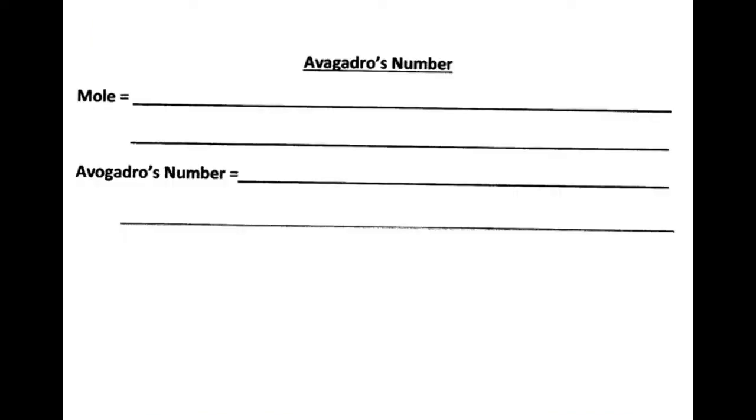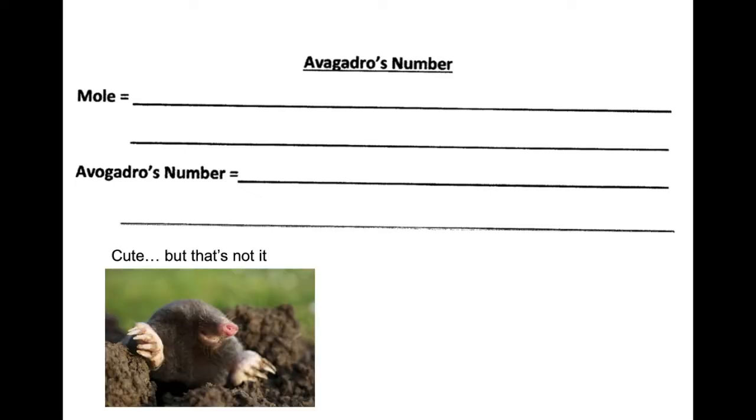Okay, so that ends scientific notation, and we're going to talk a little bit about a new term, which we're going to continue talking about over the next week and a half, which is a new unit on a mole and Avogadro's number. Okay, when I say mole, there's a couple things you might think about. And it's not this, even though it's scary but also cute, it's not that kind of mole.